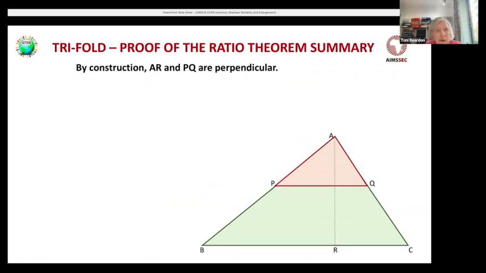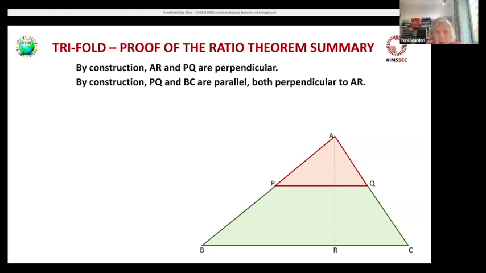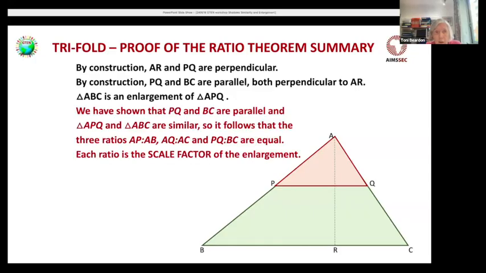Let's just summarize that. By construction, AR and PQ are perpendicular. By construction, PQ and BC are parallel, and they're both perpendicular to AR. So triangle ABC is an enlargement of APQ.